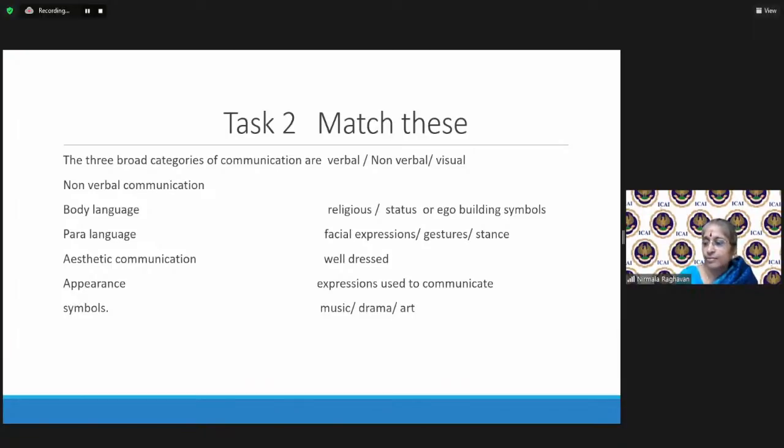Write in your notebooks. Done? You have a minute more and I'll wait.